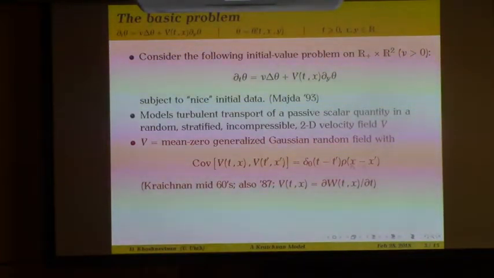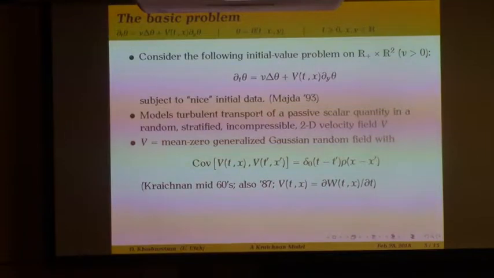And at different places in x, you're just correlated, but built into this is this Kraichnan property, introduced by Kraichnan in the mid-60s all the way till the 80s and the early 90s, that the velocity field is homogeneous in space.